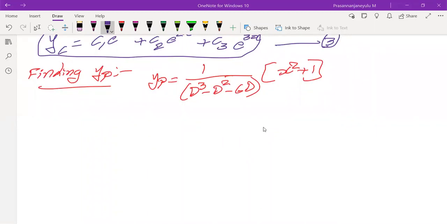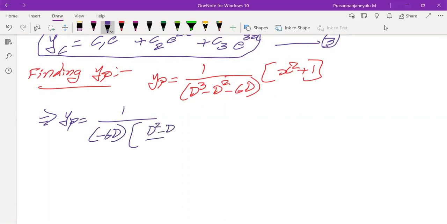So if we take it common, then we'll get yp is equal to 1 by minus 6D of, we are taking D common, then in the numerator, this becomes D square minus D by 6 minus 6 plus 1.